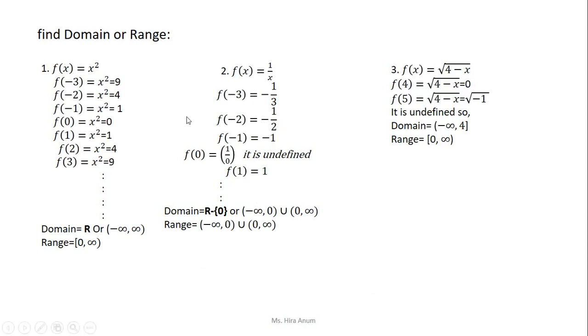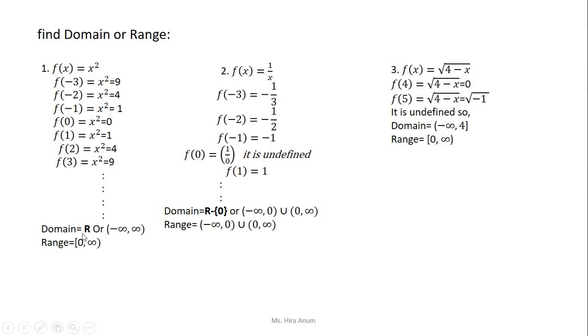Find domain and range. If the function is x square, as we said in previous slides, we can put -3, -2, -1, 0, 1, 2, 3 and so on into the function, and this is the domain. The outputs are 9, 4, 1, 0, 1, 4, 9.